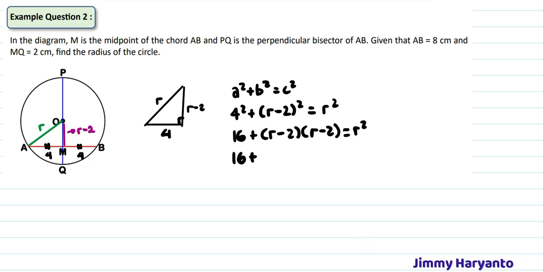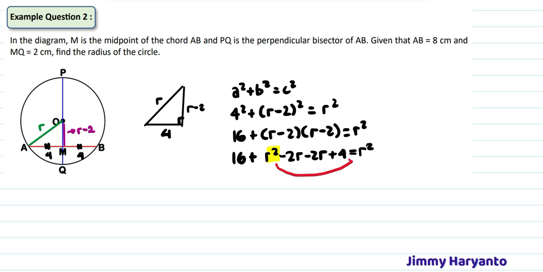And then you will do the multiplication. R square minus 2R minus 2R, and then this one is plus 4, just like that, equals to R square. And then I will move this R square to the right hand side.